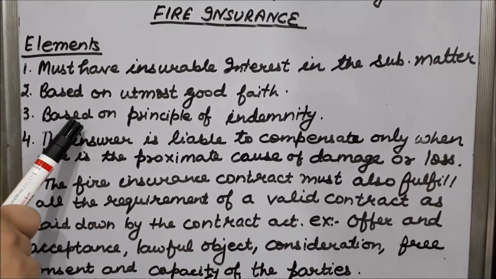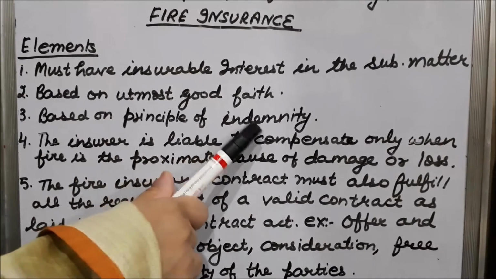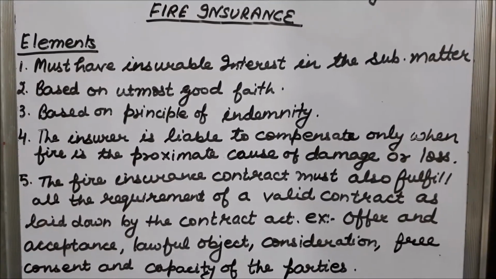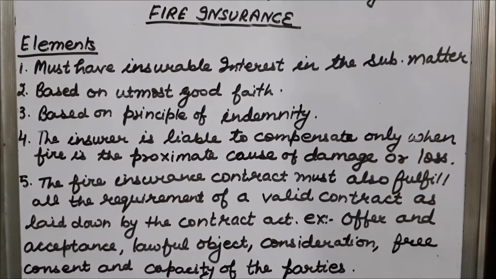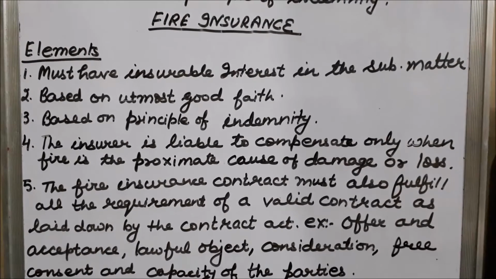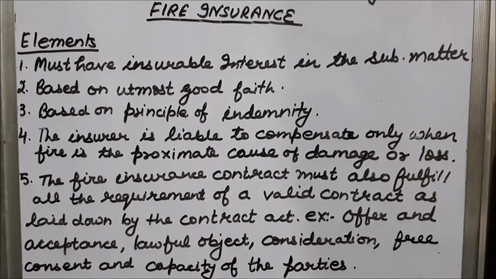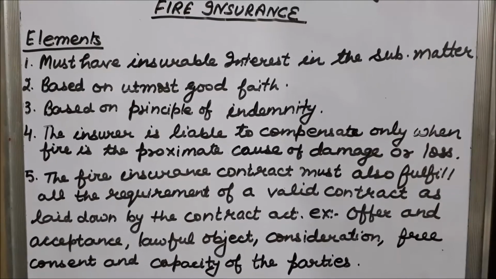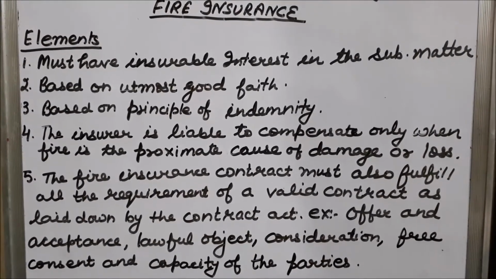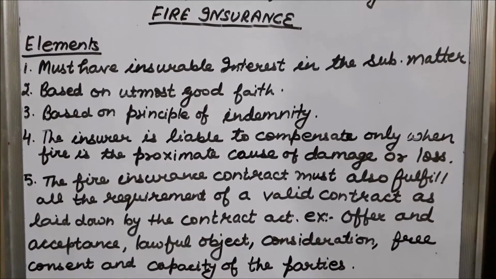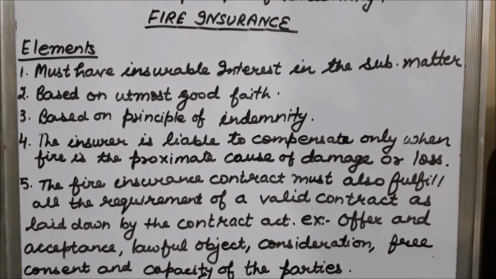Next is that it is based on the principle of indemnity. Fire insurance is based on the principle of indemnity. It means at the time of loss, the amount will be paid according to the actual loss or policy amount, whichever is lower.